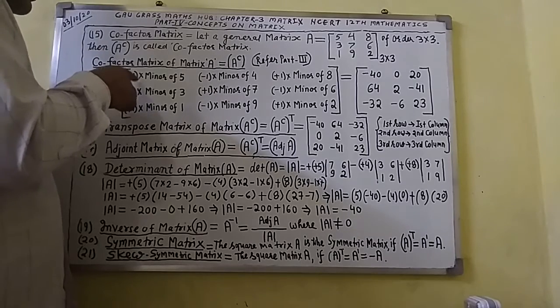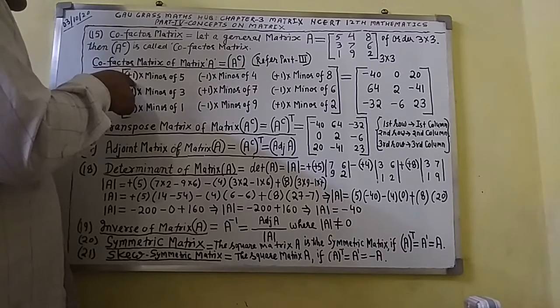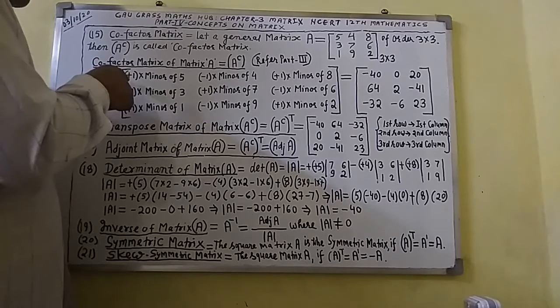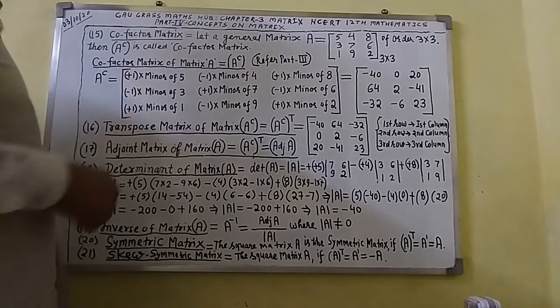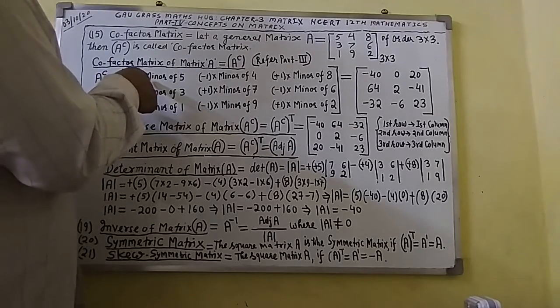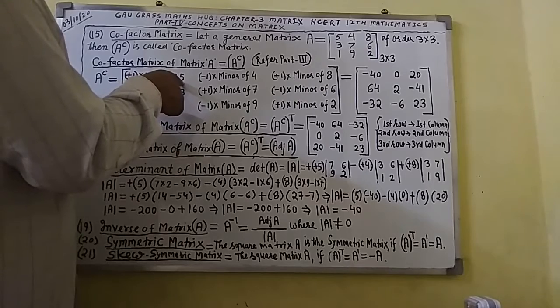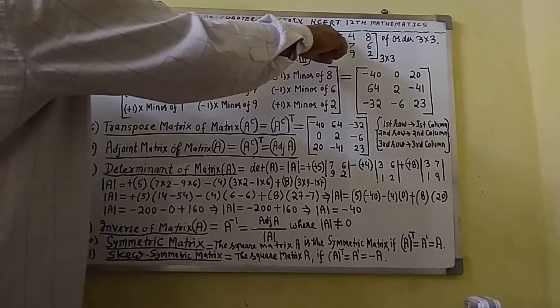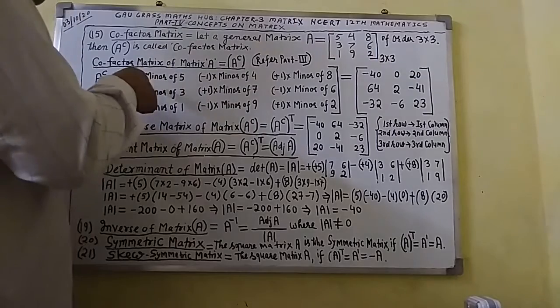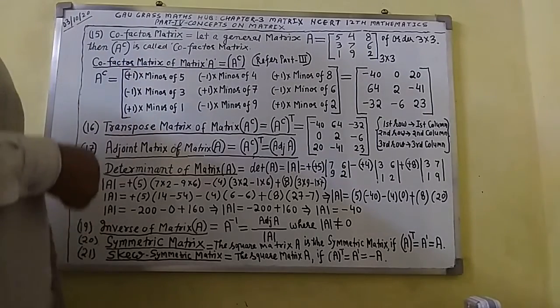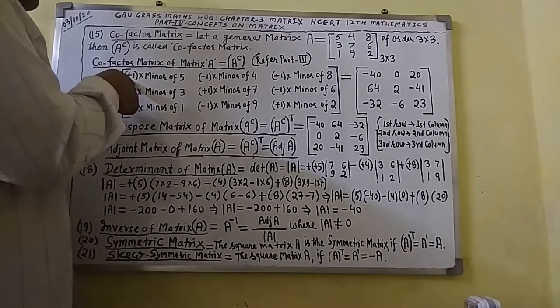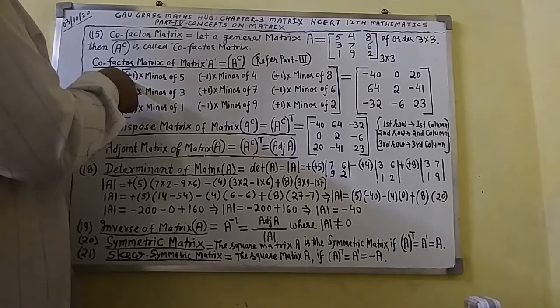Don't write only 1, always write plus 1, into minor of element 5. The minor of element 5 will multiply to plus 1. Always write here plus 1.